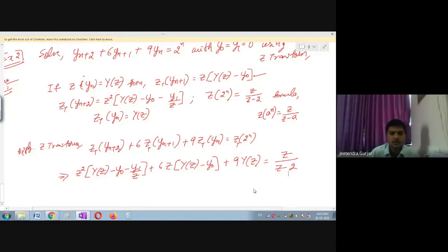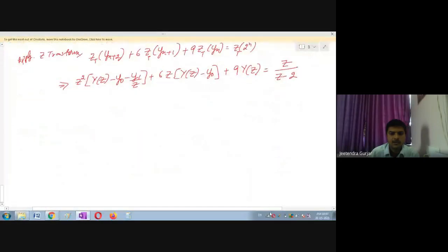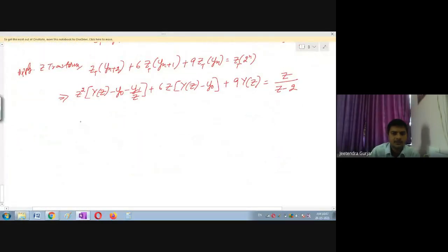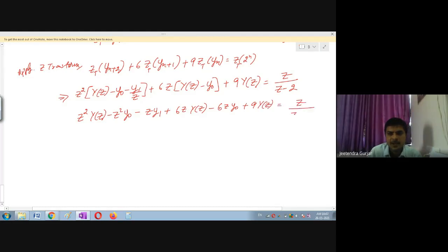So please find now Y of z, so that we will make this in terms of partial fractions. So just simplify this. This is going to become z square Y of z minus z square y0 minus, here 1z will get cancelled, 1z will remain in the numerator, plus 6z Y of z minus, again, 6z y0 plus 9 Y of z is equal to z divided by z minus 2, students.